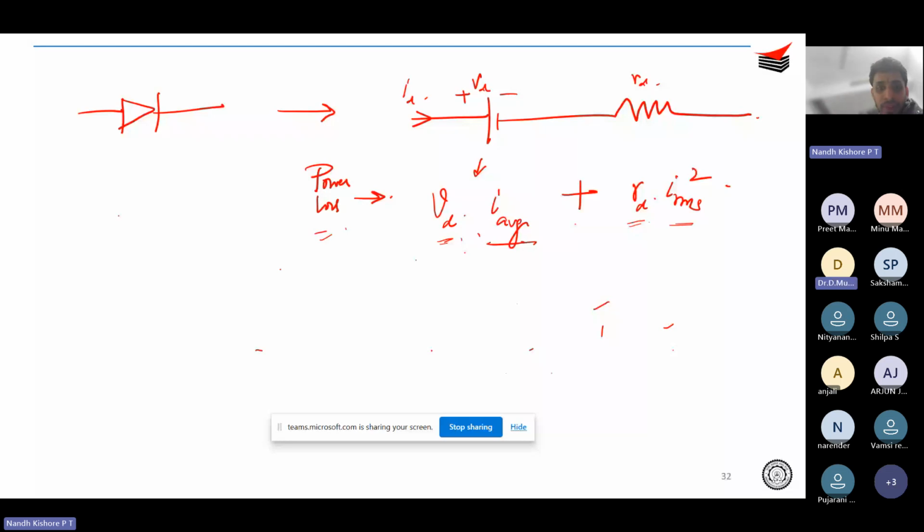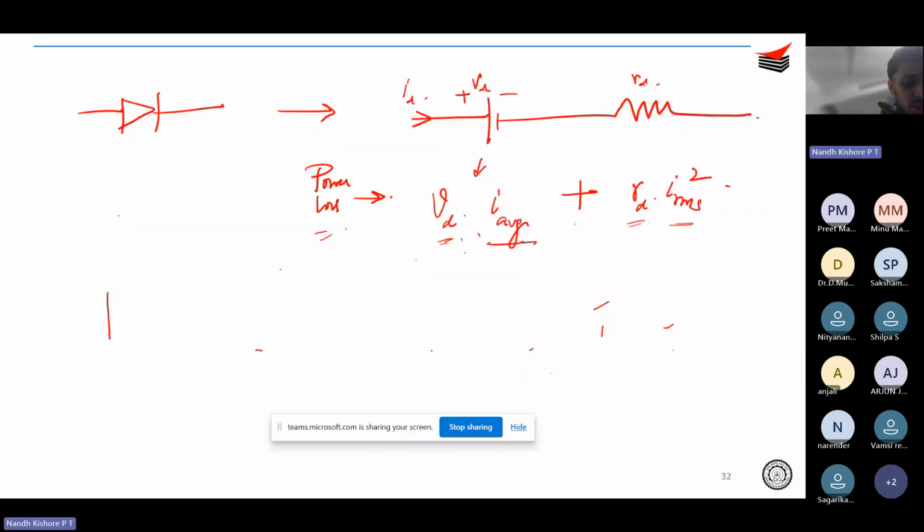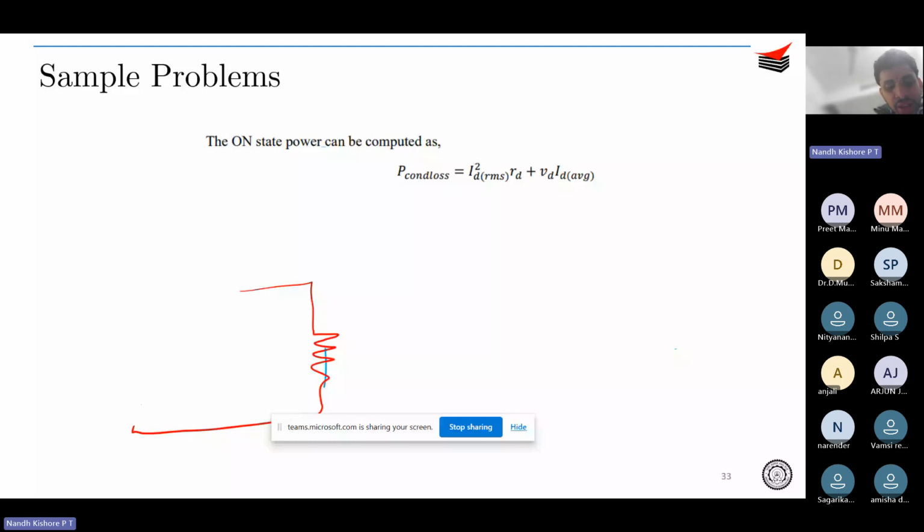Now we will go back to the problem. It is given that it is in series with a 40-volt voltage source with a duty ratio of 0.5. So you have something like this.